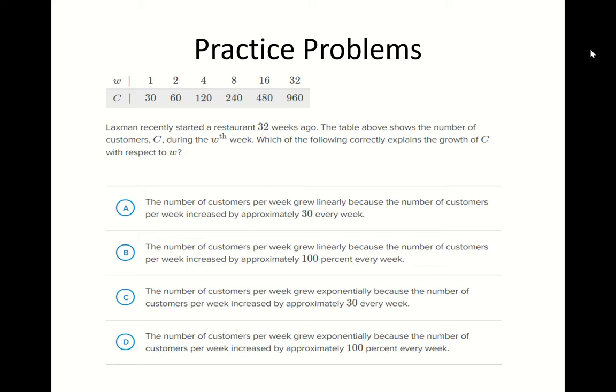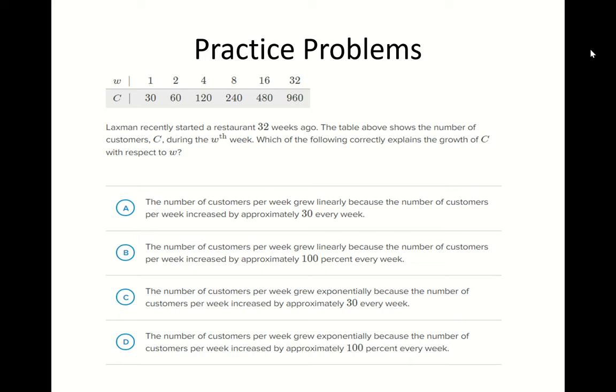The number of customers per week grew exponentially because the number of customers per week increased by approximately 100%. So percent for a rate and exponential, that part matches up. So now you can look at the table. Is it increasing by a set value each time? Or is it increasing by some type of factor?